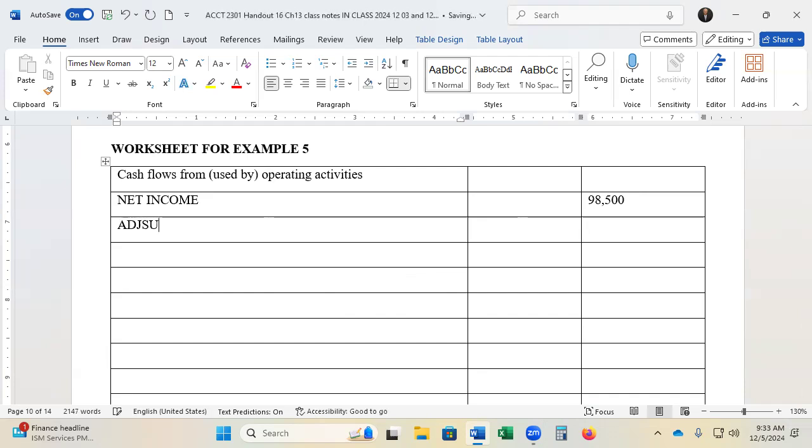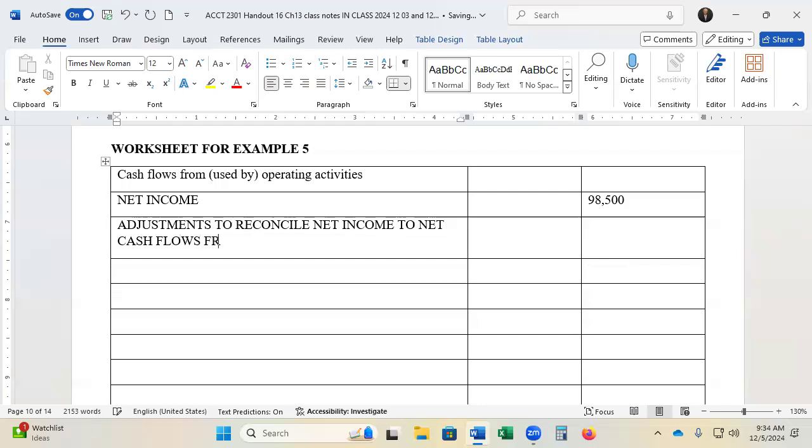And so now we're going to have adjustments to reconcile net income to net cash flows from operating activities. And remember, we're going to start with adding depreciation, so we have to figure out what depreciation is.